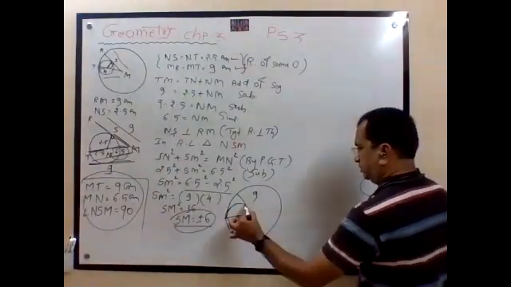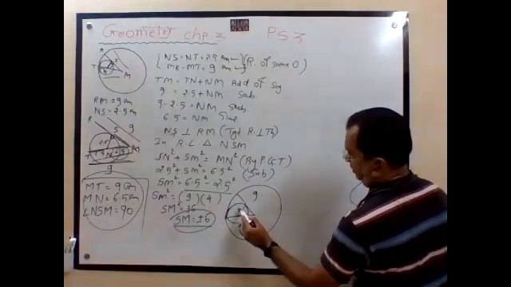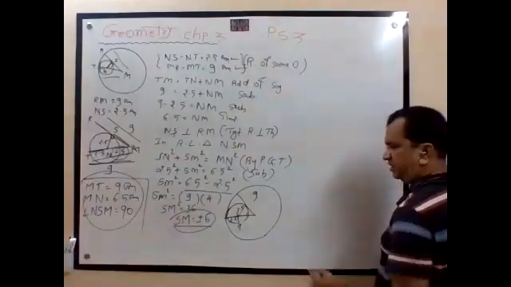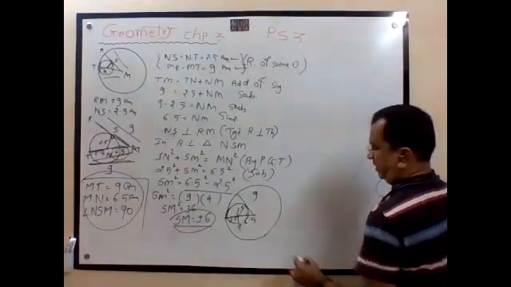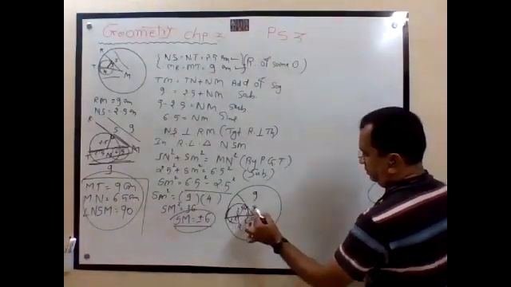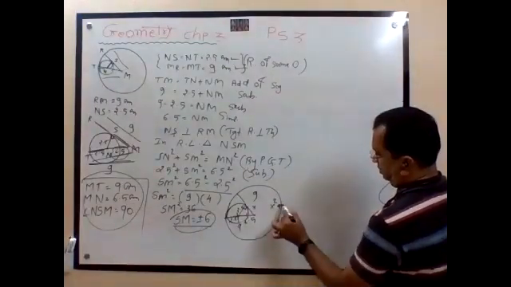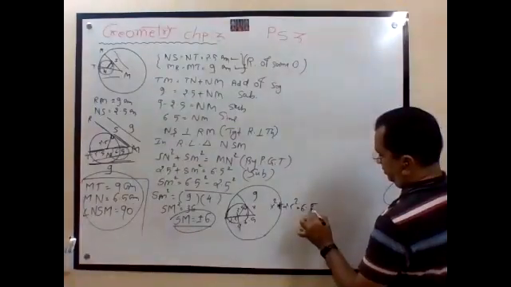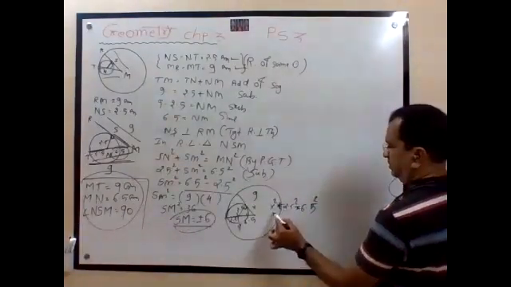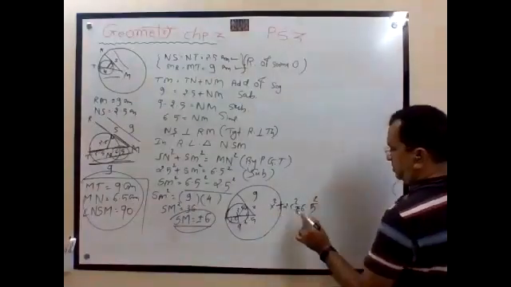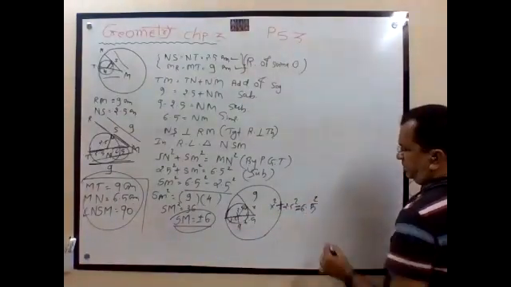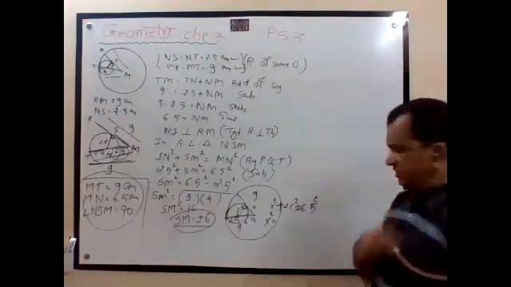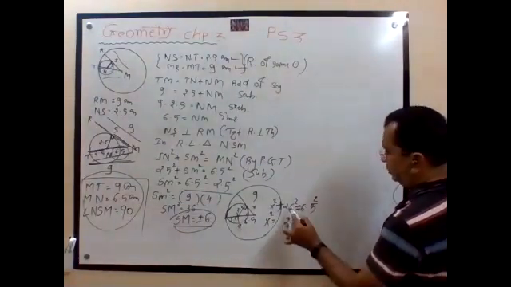Correct? That is 2.5, 2.5, 2.5. From this 2.5 cut 6.5. And this is 90. This is x. X square plus 2.5 square is equal to 6.5 square. Here it is equal to. Correct. So x square, 2.5 square means 5 5s are 25.